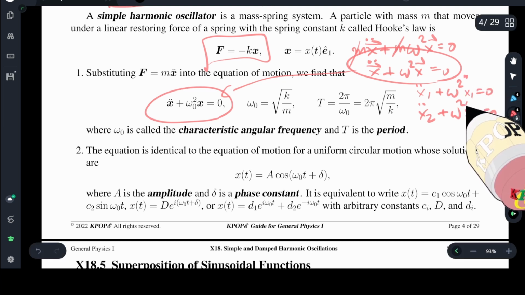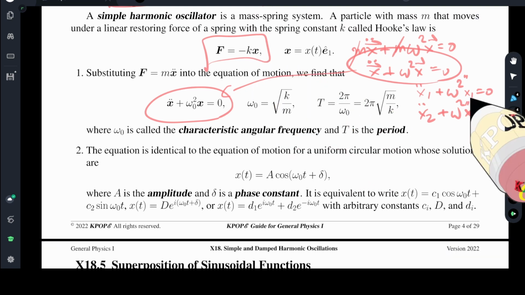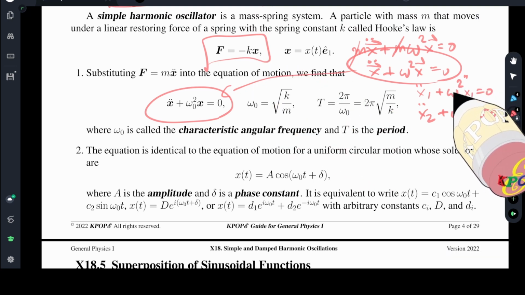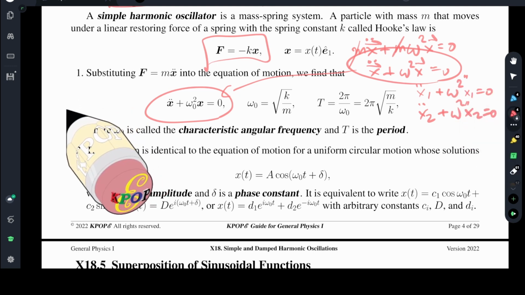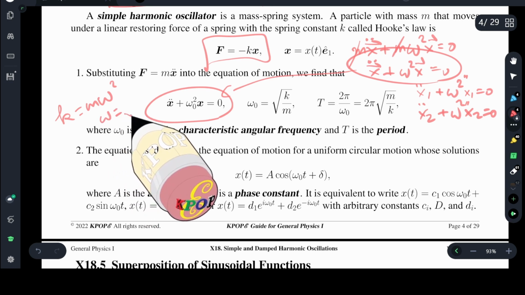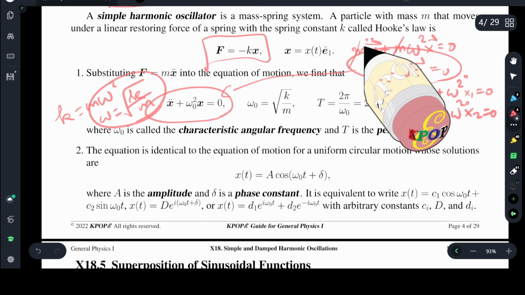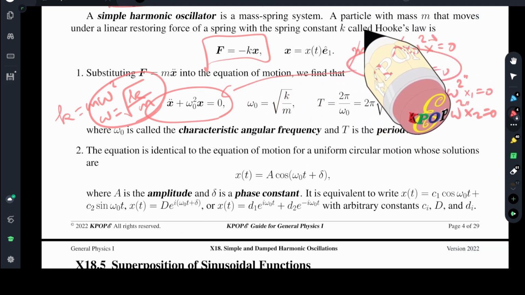And here, because the spring constant is identical for any projection, this omega squared is a constant. So k equals m omega squared, or omega equals the square root of k over m, is fixed once you have chosen the spring mass system.